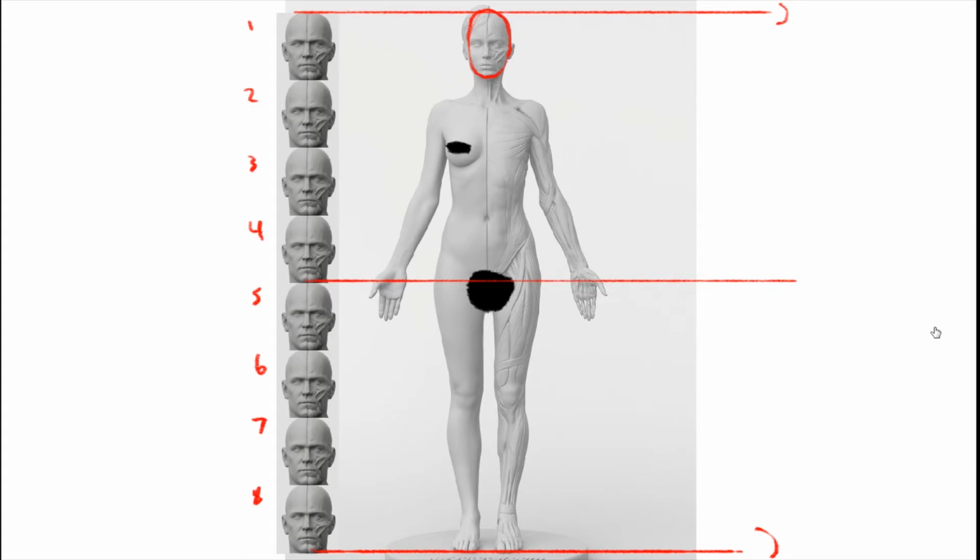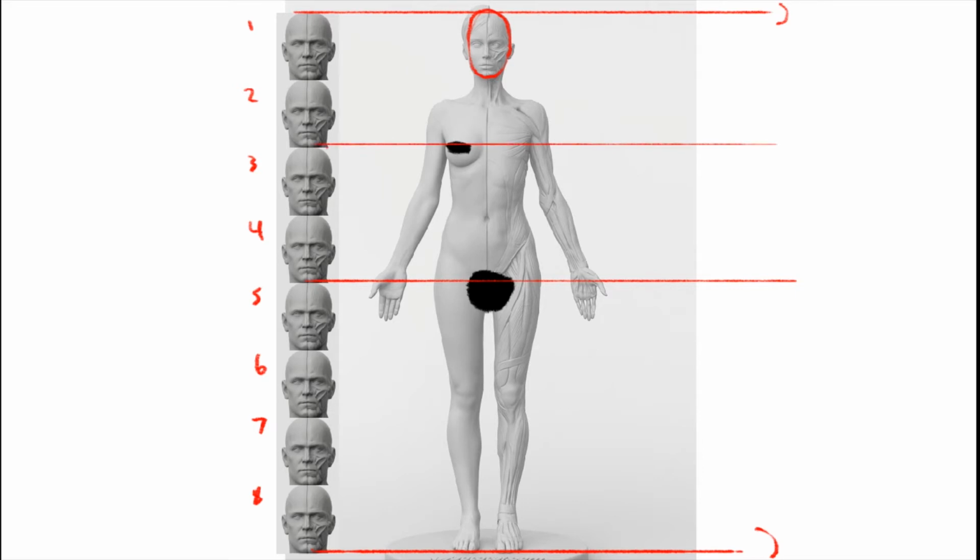So the next line I like to draw is the center line for the chest, and that happens to fall between the top of the head and the bottom of the pelvis. So that's going to be 2 heads down. So let's go ahead and draw in that line right here.